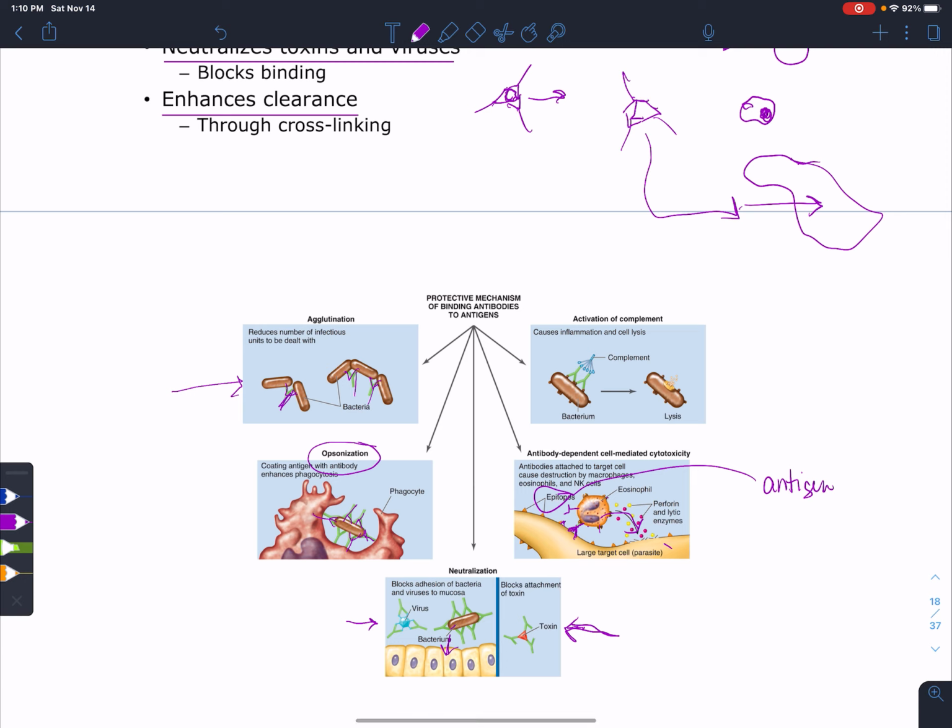In this instance, it's showing it as a parasite, because remember, eosinophils are against parasites. And up here, here's the complement activation. And this is their depiction of the whole complement cascade. They're putting it in this one little thing, and it's causing the lysis of that cell.